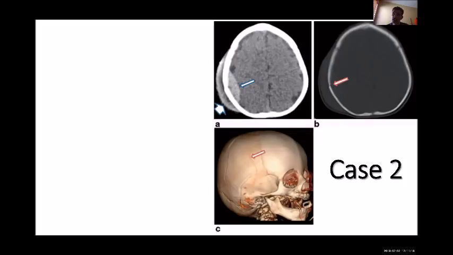There is extra-axial swelling, and there is another collection below the bone, and there is a fracture. The fracture is very clear on the top right image, and on the 3D reconstruction there is a very clear fracture. So there is a swelling outside, a connection inside, and a fracture here.